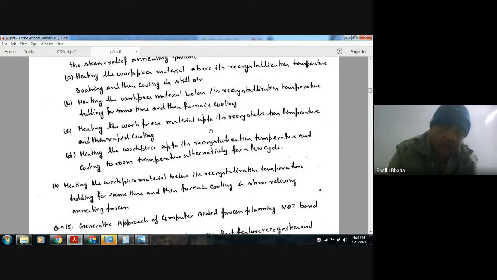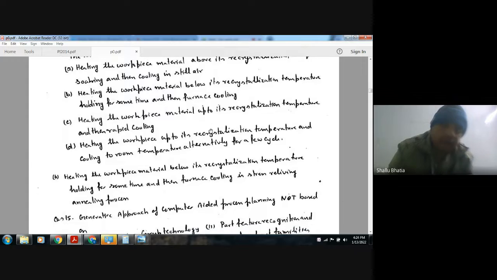So the answer is B, which is the stress relief annealing process: heating the workpiece material below the recrystallization temperature, holding it for some time, and then furnace cooling.